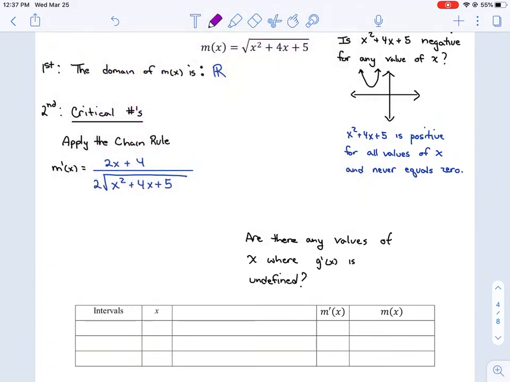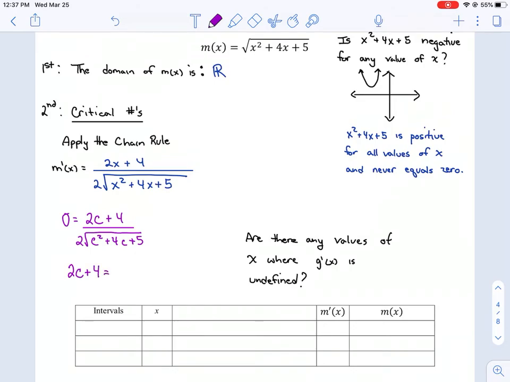And we're going to set that derivative equal to 0, and change all of the x's to c's. And the only time that this derivative is equal to 0 is if the numerator is equal to 0.